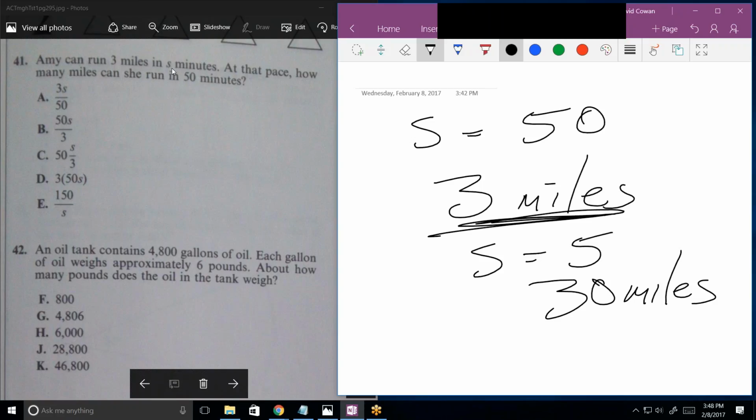The first number I conveniently picked was 50 because that immediately gives you the answer. If she can run 3 miles in 50 minutes, how many miles can she run in 50 minutes? 3. But that gave us 2 answers, so got to go back and pick a different S.